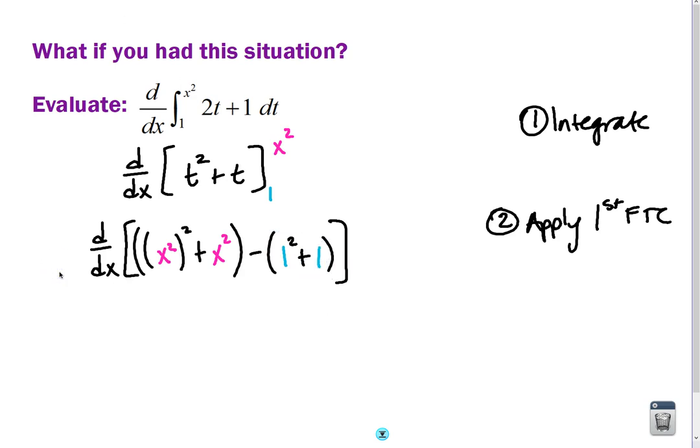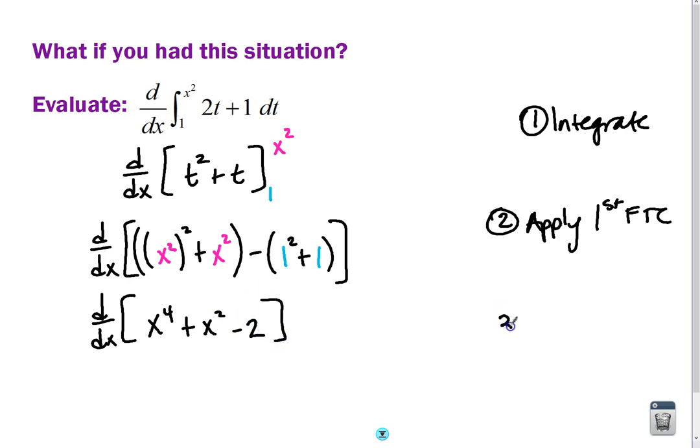Does everybody see what we did there? We just plugged in our upper bound into both of them, and then our lower bound. Let's see if we can simplify that out. That's going to be d dx of x to the 4th plus x squared minus 2.